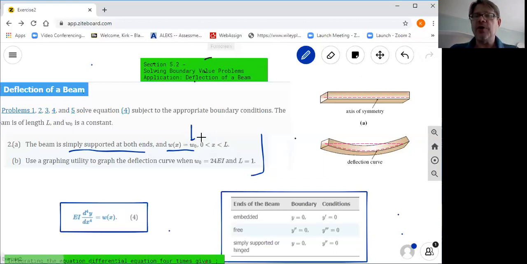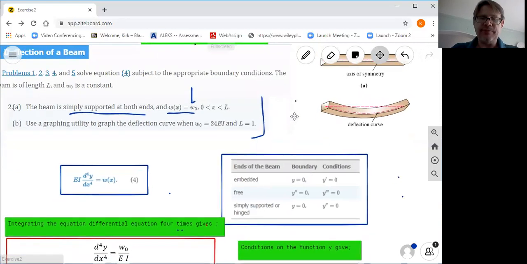Well, we've got to start with a differential equation and also take the statement of simple support at both ends and translate that into some mathematical statements. So let's take a look at what we will have from that.